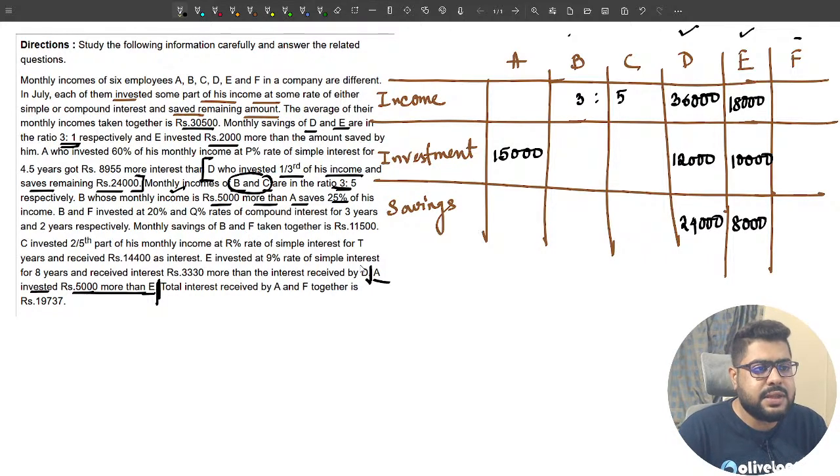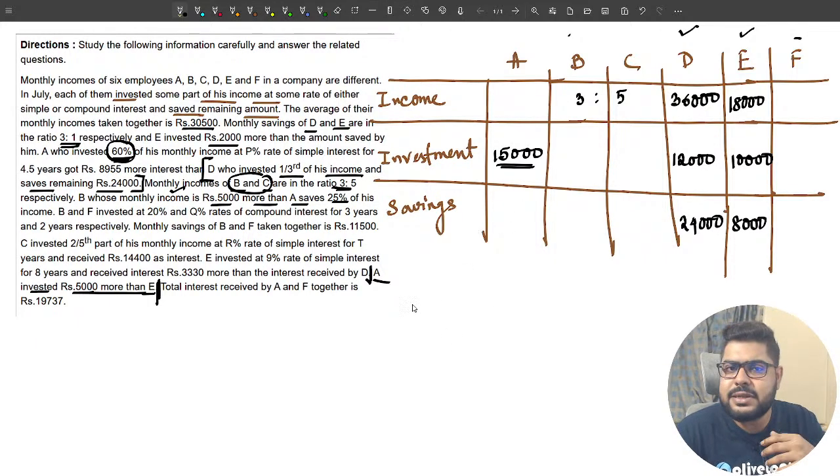We are missing something, sir. Monthly savings. This is this. Okay, look at this, A invests 60% of his monthly income, this is given, sir. A invested 60%, so 60% is this 15,000. So savings will be what, sir? That will be 40%, because if 60 goes out of 100, then 40 remains.